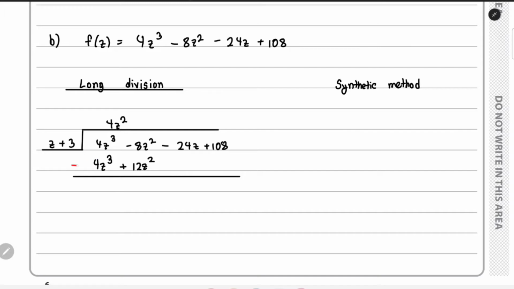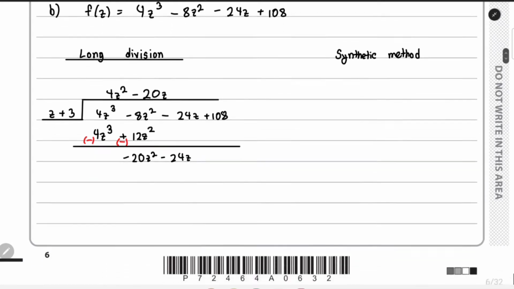I'll subtract this thing over here, so this will be a minus, this will also be a minus, this cancels out. I have minus 8 minus 12z square, so minus 20z square minus 24z. I can now use minus 20z, it will become minus 20z square minus 60z.